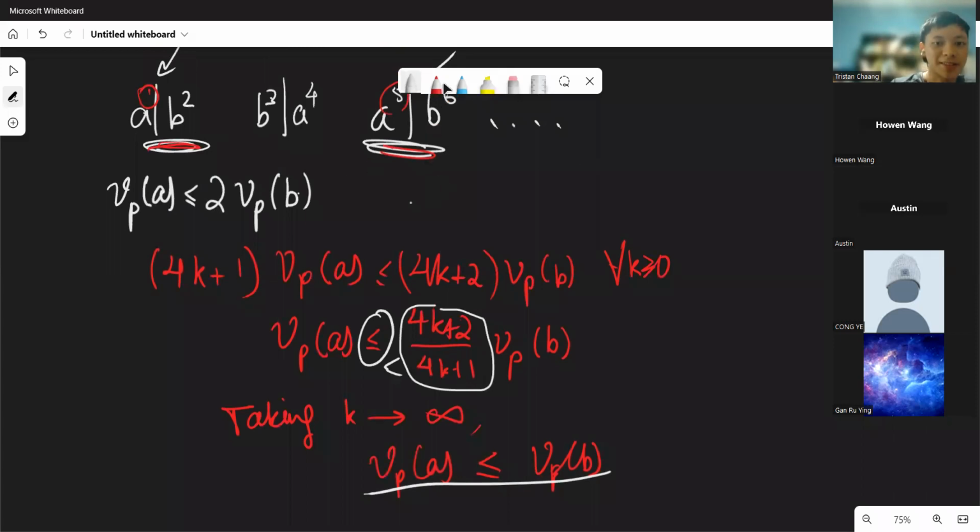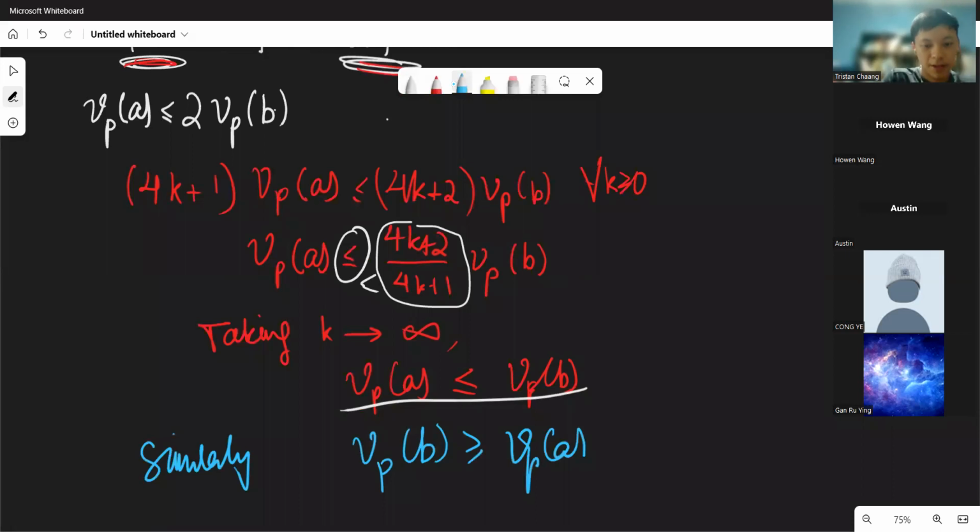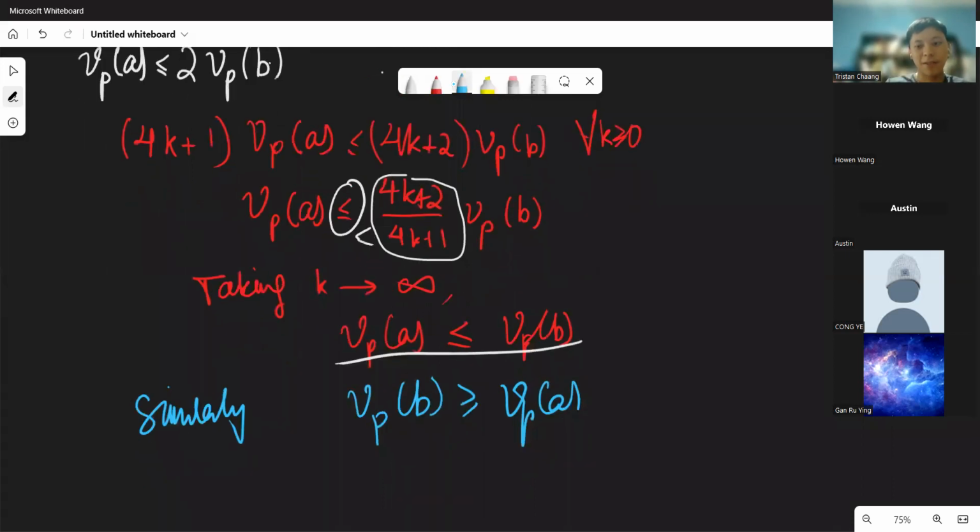Okay, this is for the cases where A is on the left, B is on the right. The cases where B is on the right, A is on the left, is completely similar, except it's like 4k plus 3, 4k plus 4. But nonetheless, you would say similarly VPB is less than or equal to VPA for all P. That means VPB and VPA are the same for all P. Every single exponent in the prime factorization of A and B is equal.